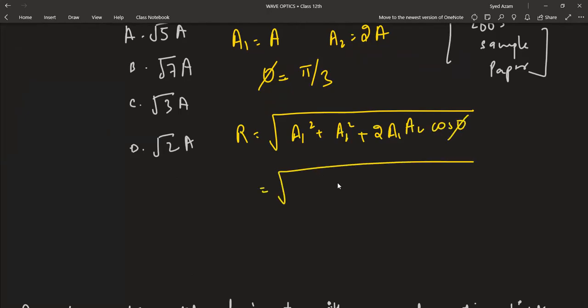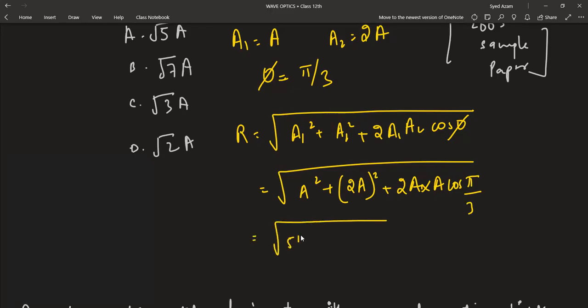So this will be A square, this will be 2A square, this will be 2A into A, and this becomes pi by 3. So this will be 5A square, right? 4A square plus A square, 5A square. And cos pi by 3 is cos 60 degree, which is half.